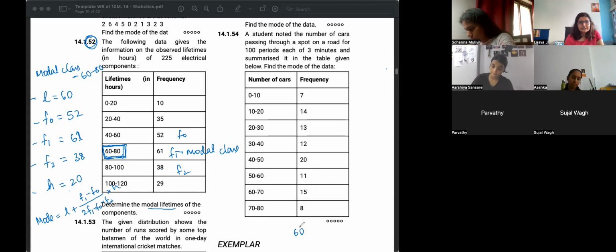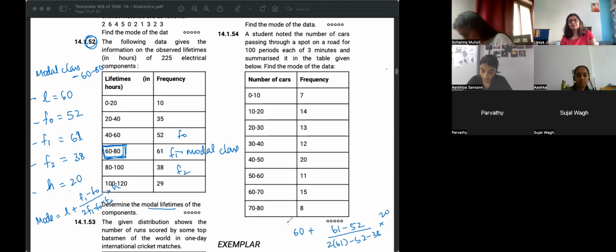So it will be 60 plus 61 minus 52 divided by 2 into 61 minus 52 minus 38, into 20. Just need to calculate this.